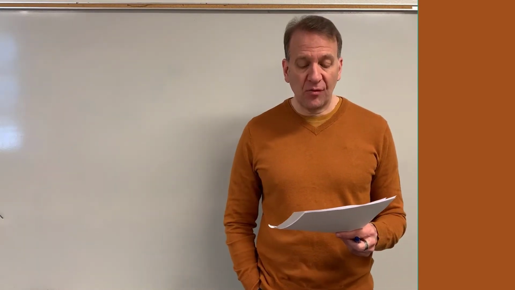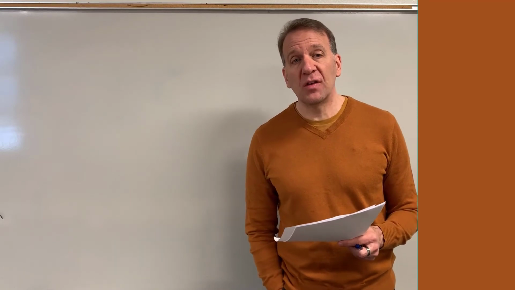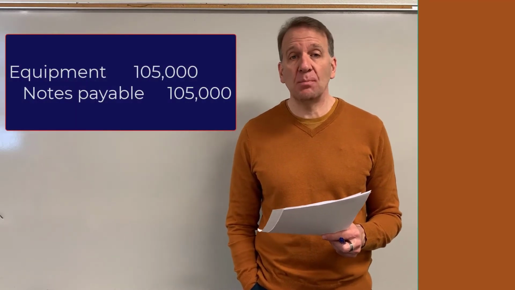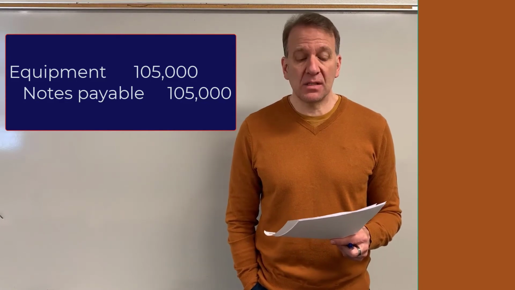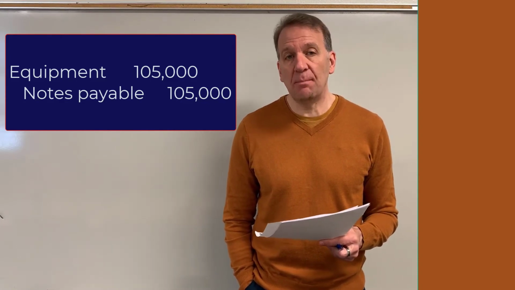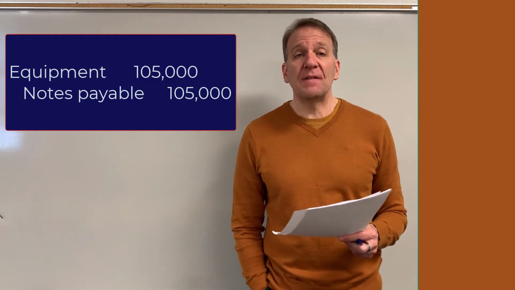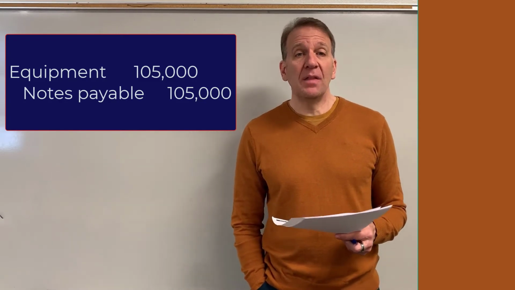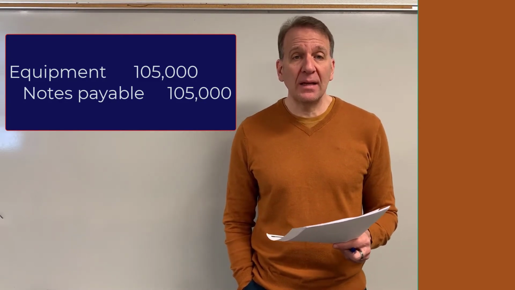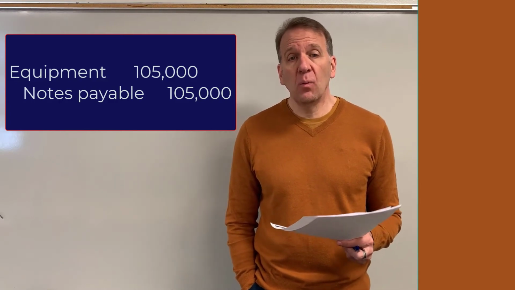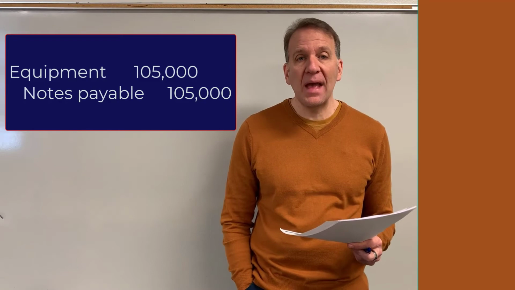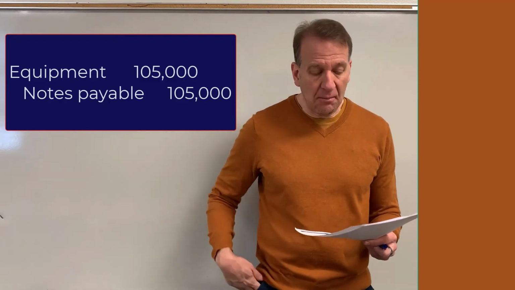We purchased equipment for $105,000, and this price includes the price, the shipping cost, the installation, all those costs to get this equipment to our place of business and up and running. So we debit the equipment, and then we credit either cash if we actually paid for it right now, or a note payable, meaning that we owe somebody that money.